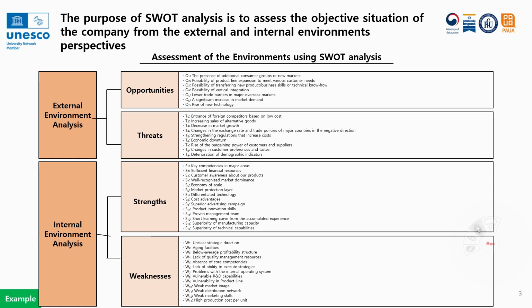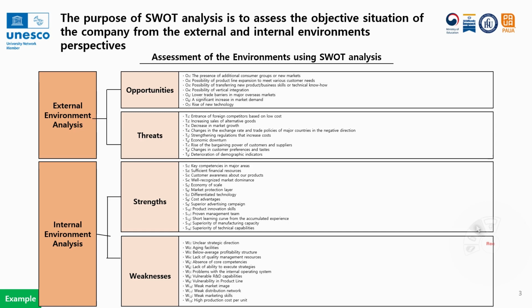So now let's have a look at some of the internal factors which could be categorized as strengths or weaknesses. The first example is the key competencies in major areas. Yes, that's the point I emphasized in my core competency analysis.